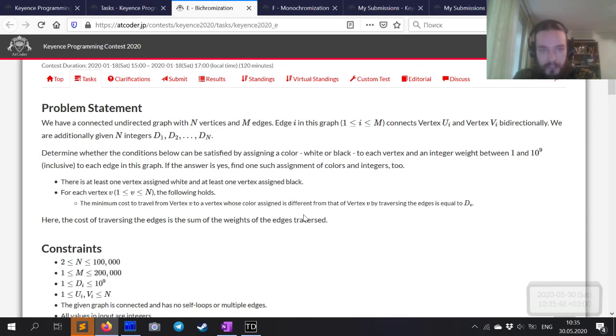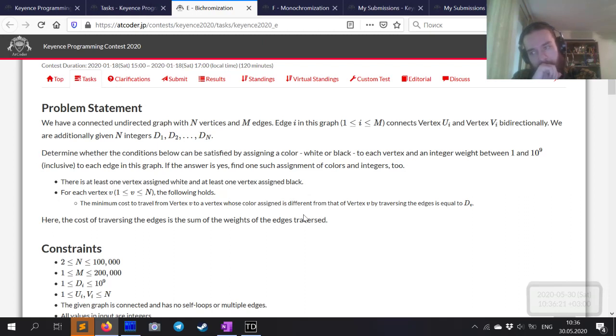Also some numbers. We want to color vertices and assign weights to edges. At least one vertex is white and at least one is black.